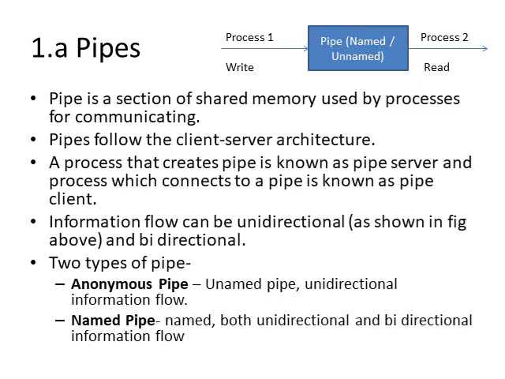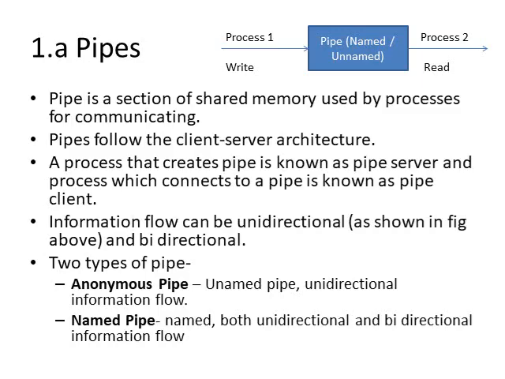Okay, now pipes can be of two different types, based on whether they are anonymous or named. An unnamed pipe is called an anonymous pipe, wherein there is no name given, so we don't know who has created it. In that case, it follows only unidirectional information flow.